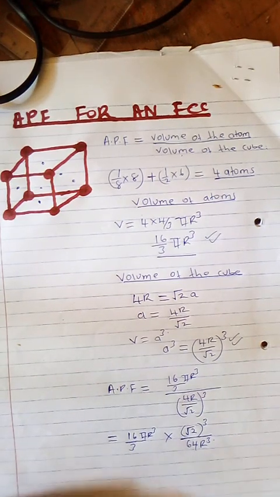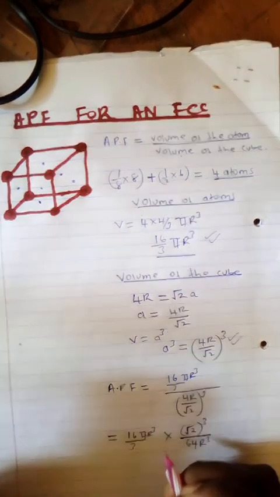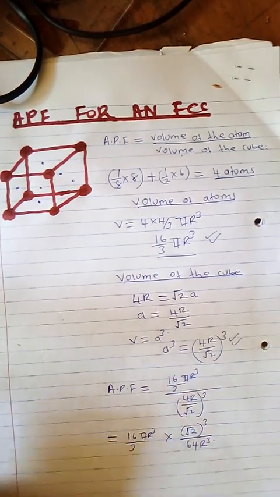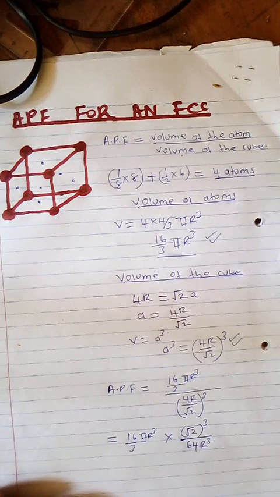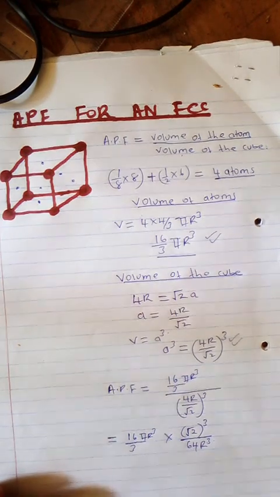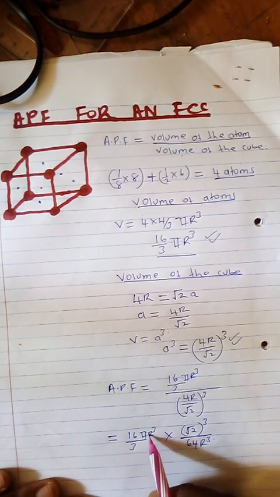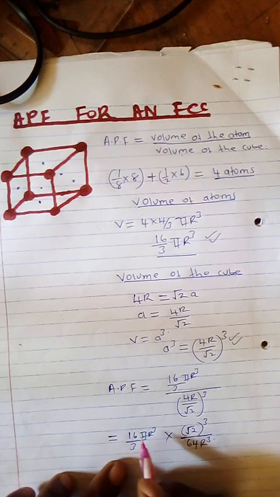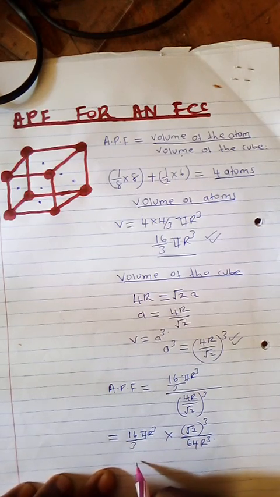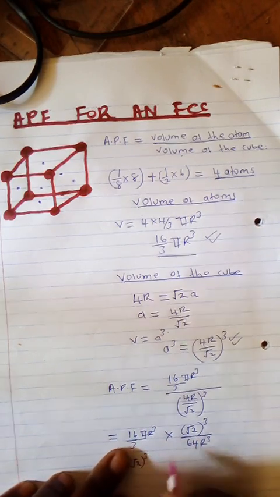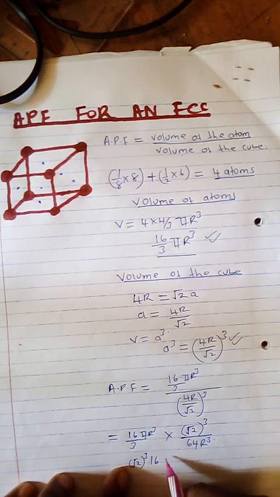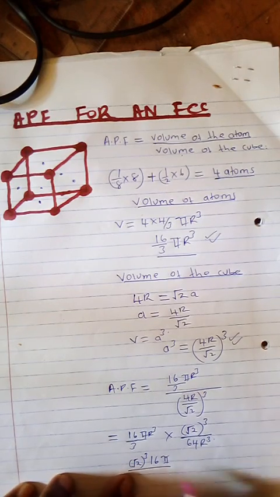So the r cube and the r cube cancel. If I take a calculator, the only thing I'm going to remain with is the root of 2 cubed, multiplied by 16 and then by pi, all over 3 times 64.